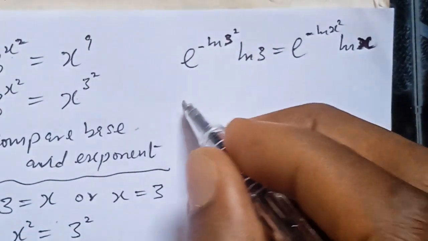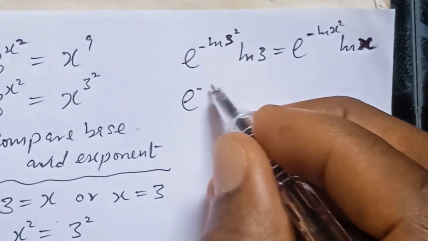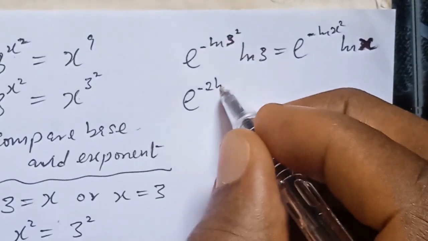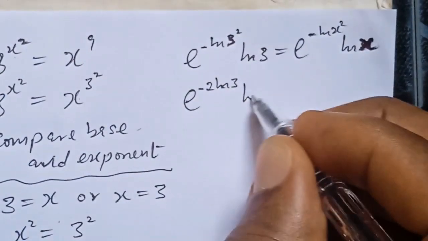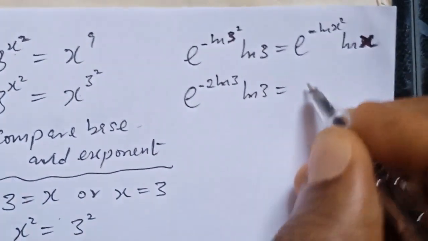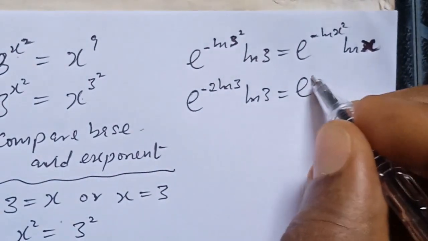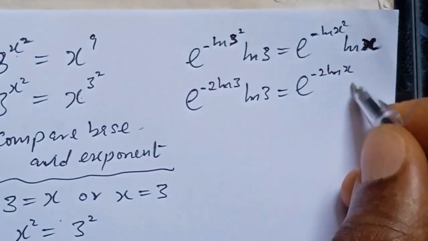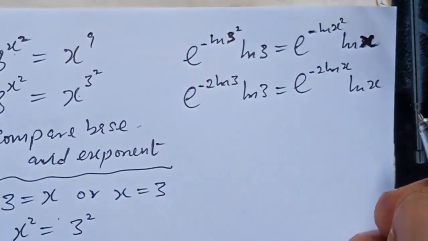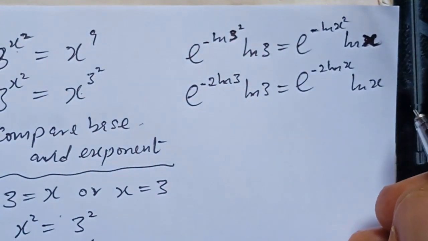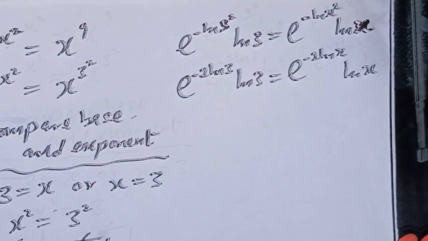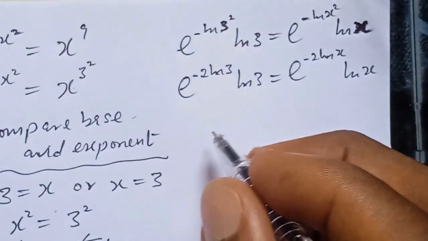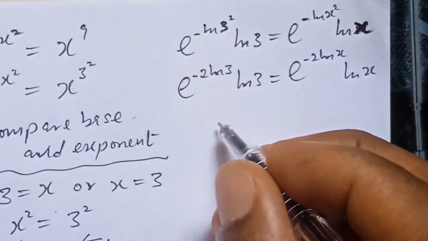So we have e to the power of minus 2 natural log of 3, natural log of 3, equal to e to the power of minus 2 natural log of x, natural log of x. From this step, we can multiply both sides by minus 2.